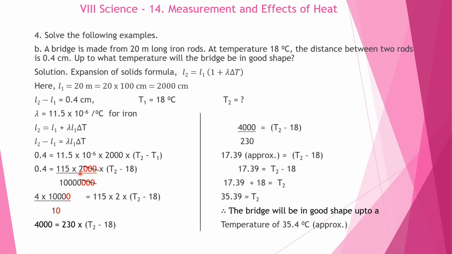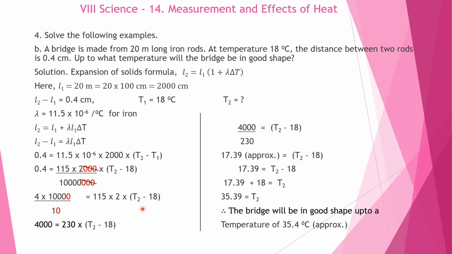We will shift all these numbers to the other side, 0.4. We will remove the decimal of this 0.4, children, 4 upon 10. And this 10,000 we will shift to this side, into 10,000 is equal to 115 into 2 into T2 minus T1, which is T2 minus 18.